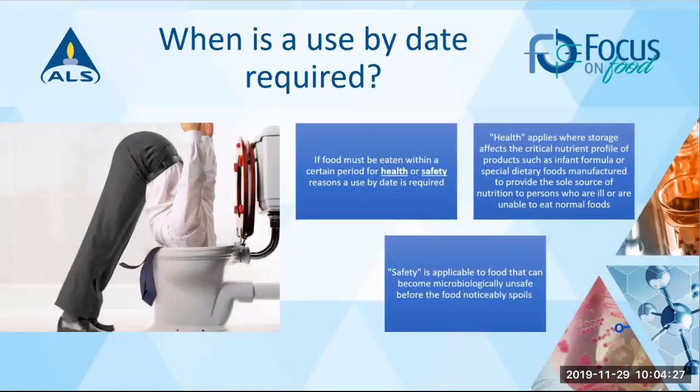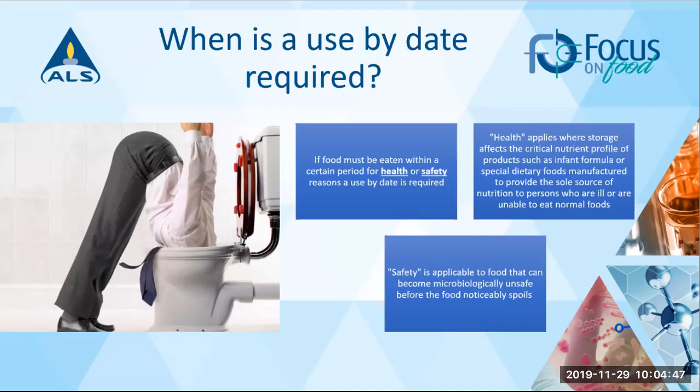So the regulations clearly define when you should apply a best before or use by date. Use by is for health and safety reasons. Health applies where the nutrient profile of a food that the consumer relies upon as a sole source of nutrition becomes degraded to such an extent that the nutrients are no longer present in the stated quantities.